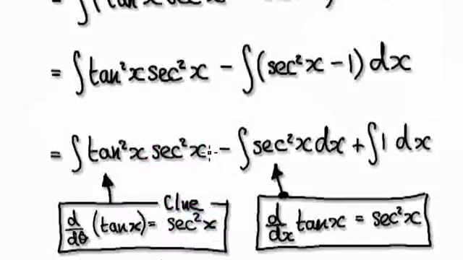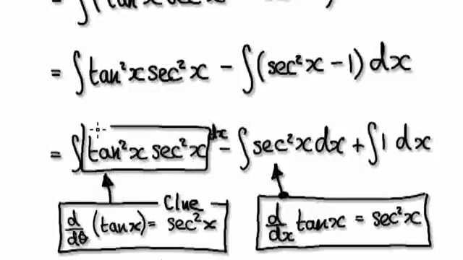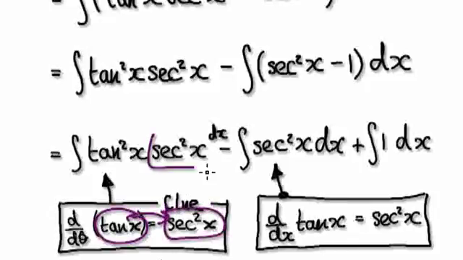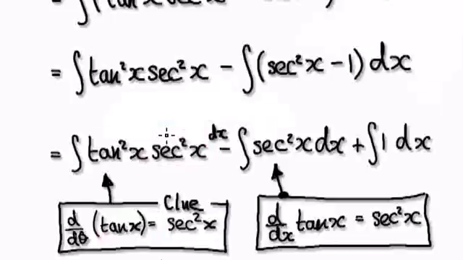Oops, sorry, I need a dx here. So whenever you try and integrate something, try to look for a derivative being within the integrand. If you differentiate tan, you're going to get this, and then this is within the integrand here.